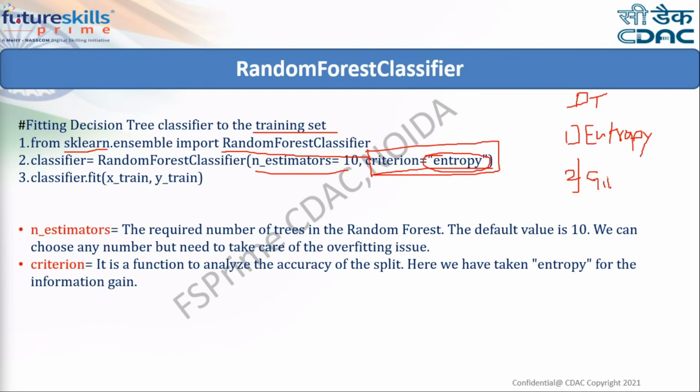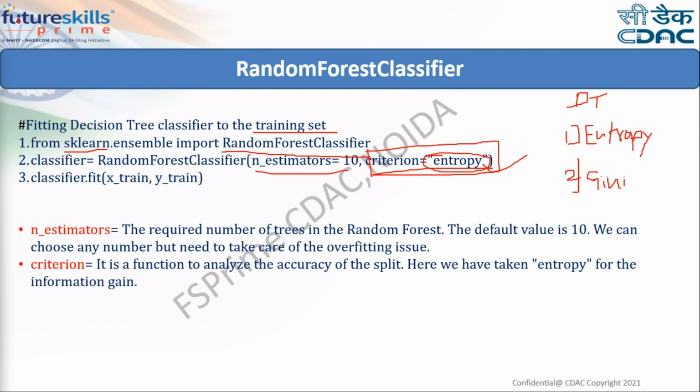So the criterion we have taken here is entropy. If you want, you can choose Gini index as well. Even after calculating Gini index, you have to calculate information gain. So this is the criterion you have to mention over here.